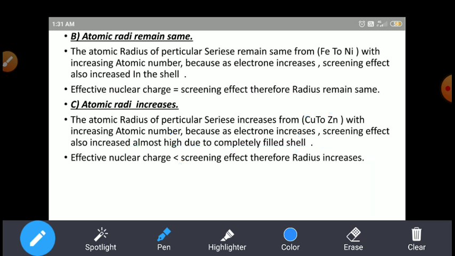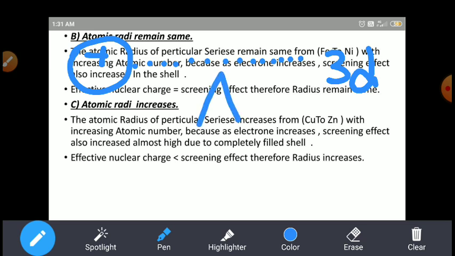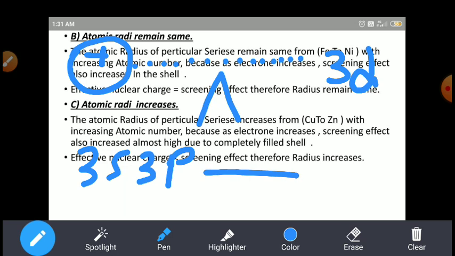So the attraction experienced by the 3d orbitals from the nucleus is very less as compared to the repulsions of the inner orbitals 3s and 3p to 3d.